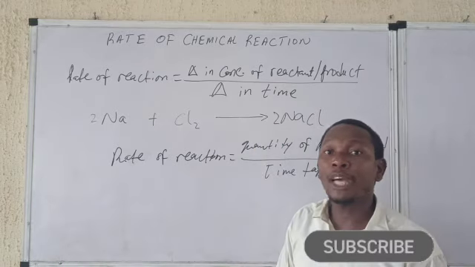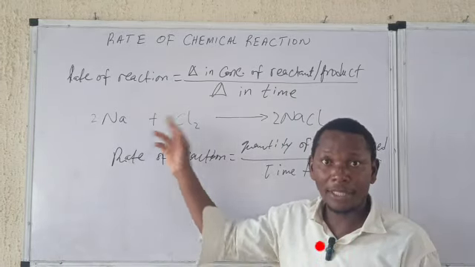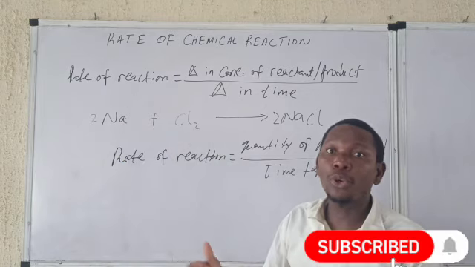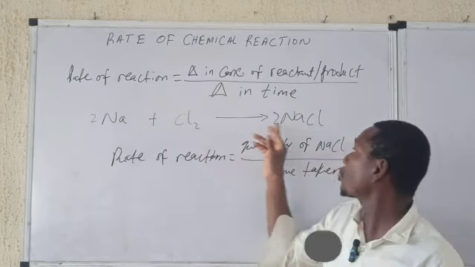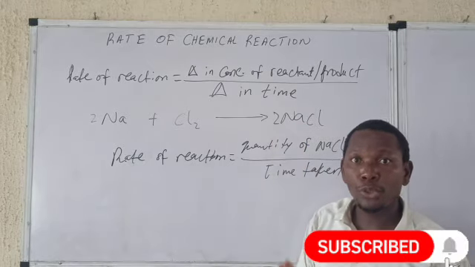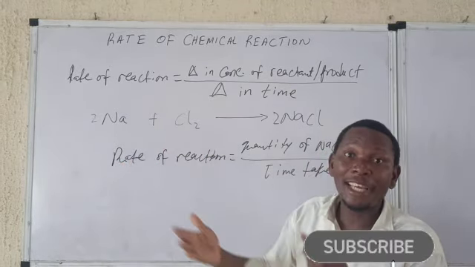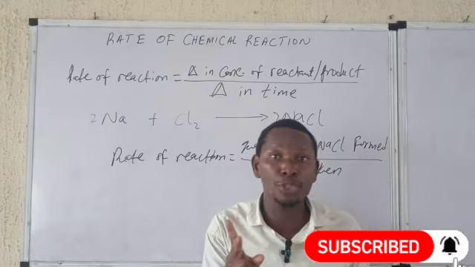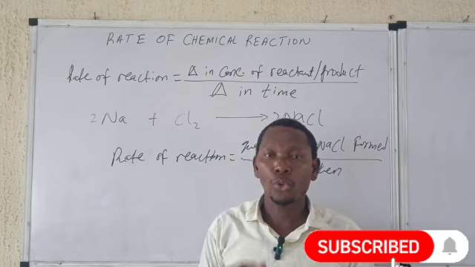So for a chemical reaction to occur, there is interaction between the reactants, and this interaction is in the form of collision. If the collision is effective, it results in the formation of the product, while if it's ineffective, it may not result in any chemical reaction. So we have two types of collision: effective collision and ineffective collision.